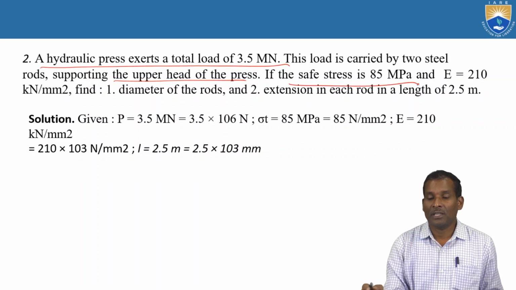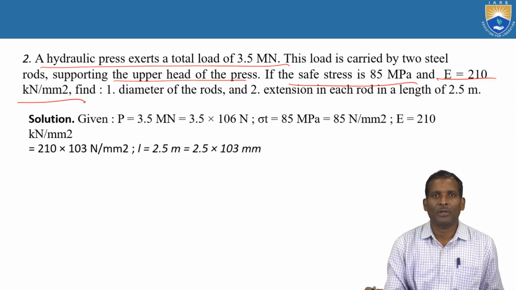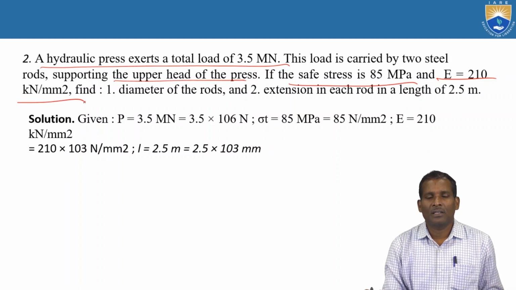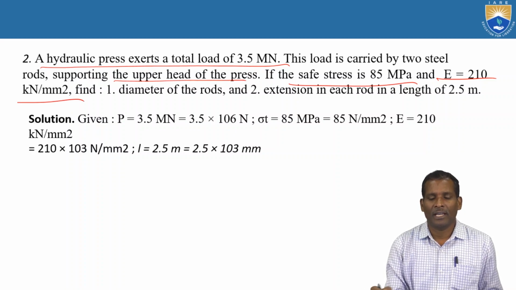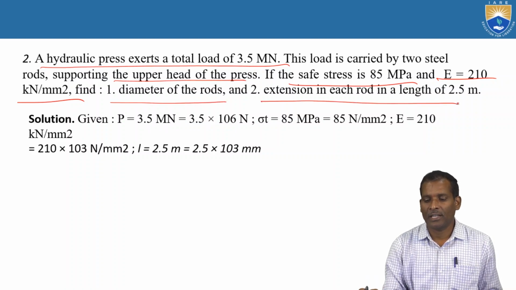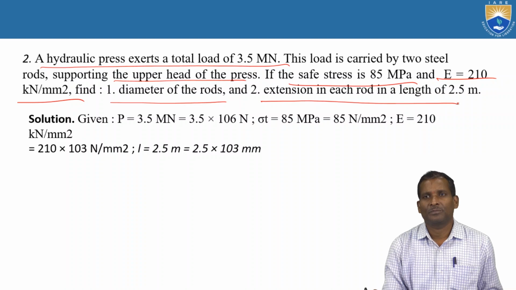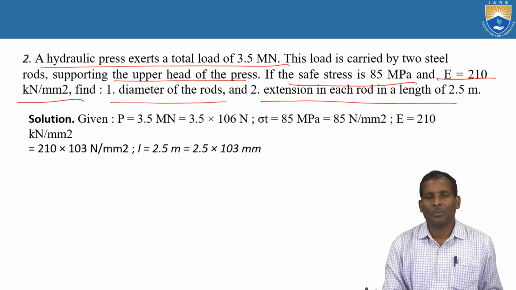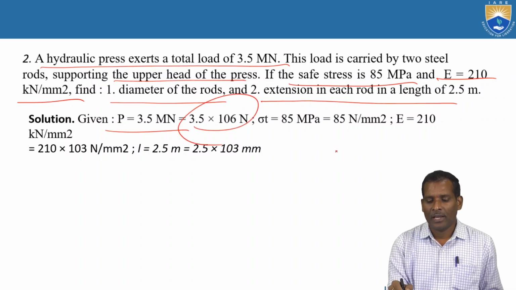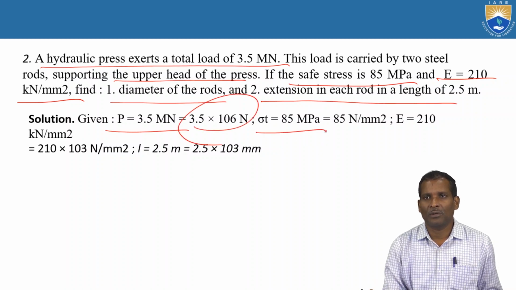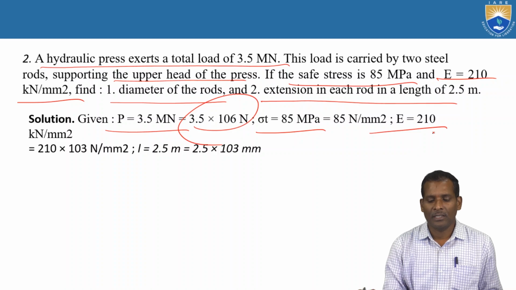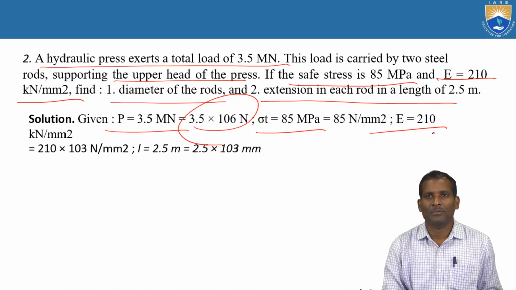The safe stress is 85 megapascal, and E is equal to 210 kilonewton per mm square. Find the diameter of the rods and the extension in each rod in a length of 2.5 meter. So P is 3.5 meganewton, sigma T is 85 megapascal and E is 210 kilonewton per mm square.